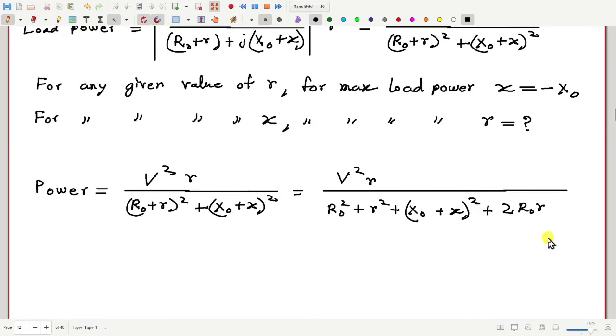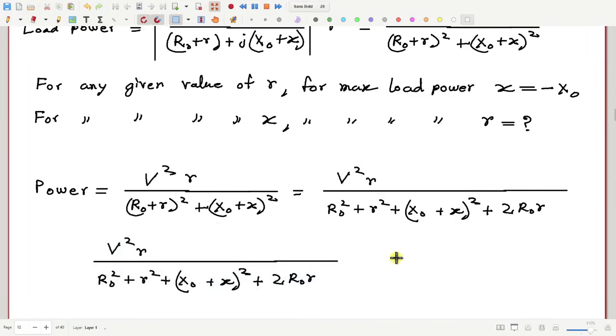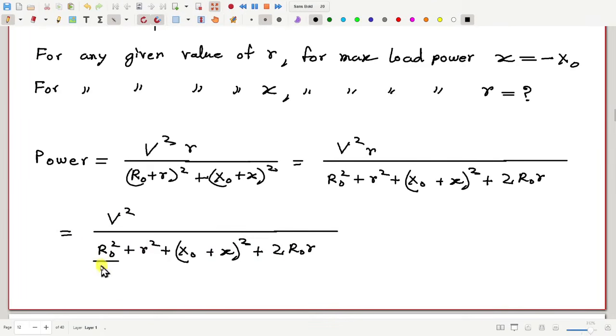Now if I divide both the numerator and the denominator by little r, here we will have root r whole square, and here this will become r, here root r whole square, and this is like this. Am I correct? Please check.